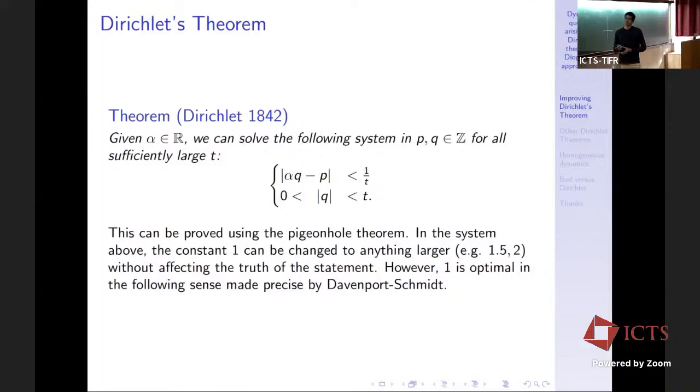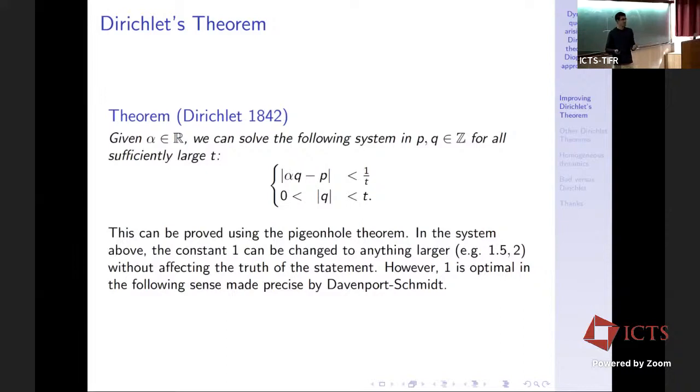And Dirichlet's theorem says to get within 1 over t of the integers, you need to go by less than t. This constant 1 over t: first of all, you can prove it maybe by using the pigeonhole principle. But the constant 1 in this 1 over t can be changed to anything larger, and the truth of the statement would remain. So in what sense is it optimal?